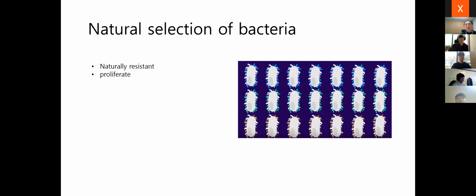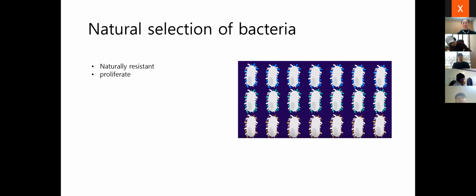Natural selection means that in one species, there can be many entities, and they can be different in DNA, and some entities are more adequate for the environment because of a special part in their DNA. So natural selection means those entities survive in that environment, proliferate, and become the main entity in that species.